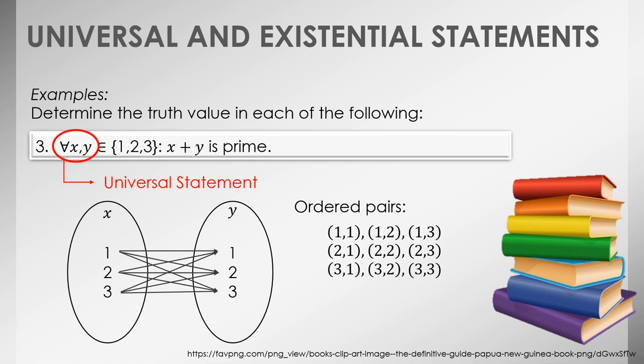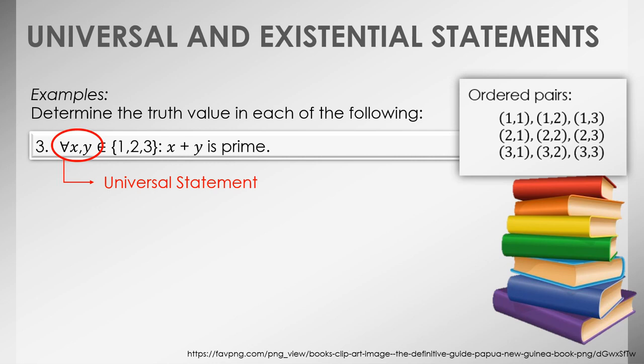Now, since we already have ordered pairs consisting of values of x and y, we are now ready to use each pair in substituting to x and y in the given statement. To start with, let us have the first ordered pair, (1, 1). By substituting these values to the statement where x and y are both equal to 1, we have this. Note that with this pair, the statement is true.